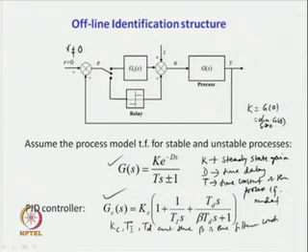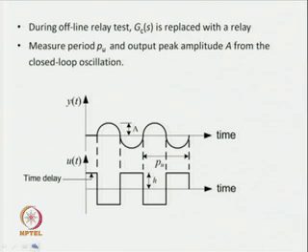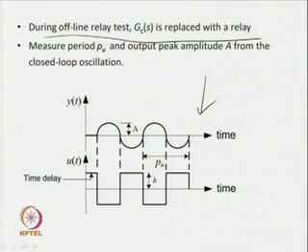Now, to identify the dynamics of an unknown process, let the process be assumed unknown. We do not know the dynamics of this process, rather the dynamics of this unknown process will be modeled by a first order plus dead time transfer function model. During the upline relay test, Gc is replaced with a relay, and then we get a limit cycle output from the closed loop. The relay induces a limit cycle output as shown here.